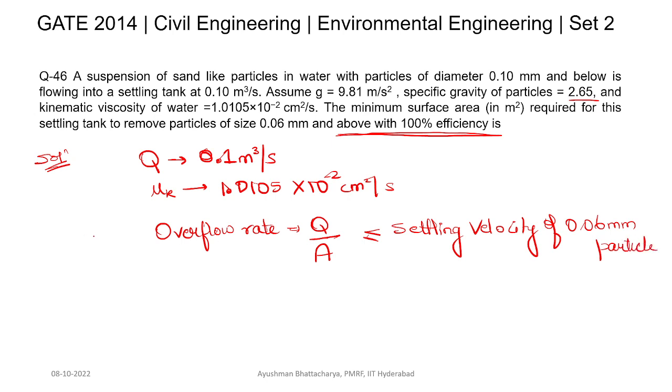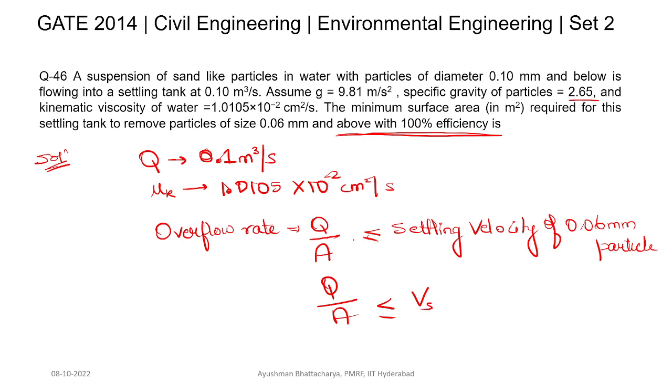Since the question asks for 0.06 mm and above with 100% removal, we can write Q by A should be less than or equal to Vs.